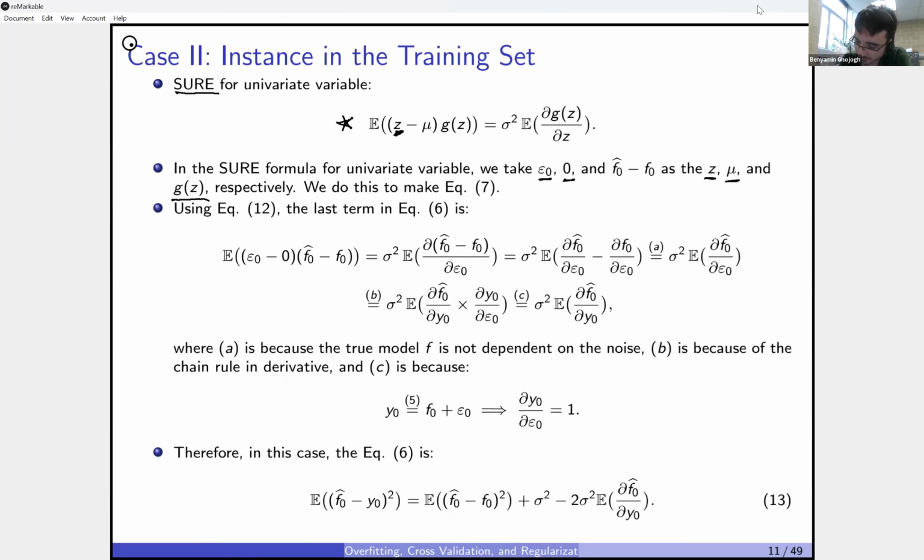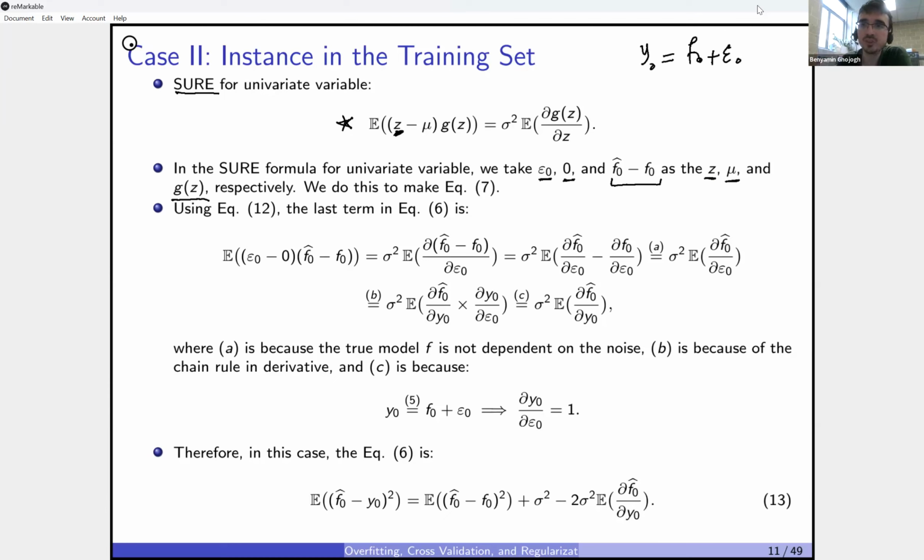Why? Because f0 hat is the output of the predicted model, and we know y0 equals f0 plus epsilon. y0 has an impact on training the machine learning model, and f0 hat is outputted from the trained model. So I can say that this is related to epsilon, or the variable Z here.